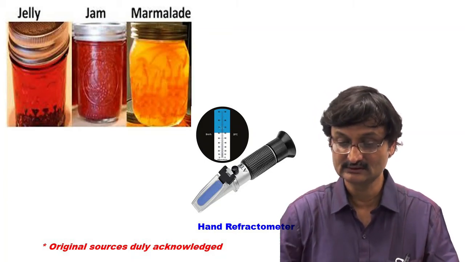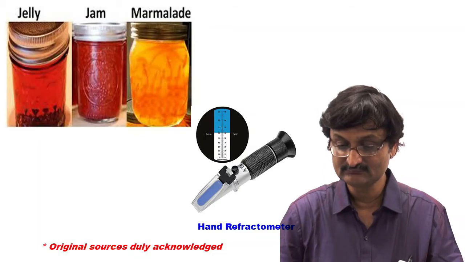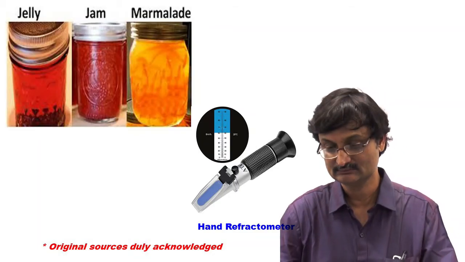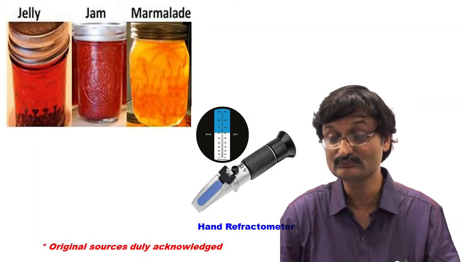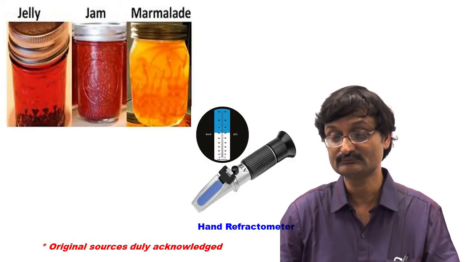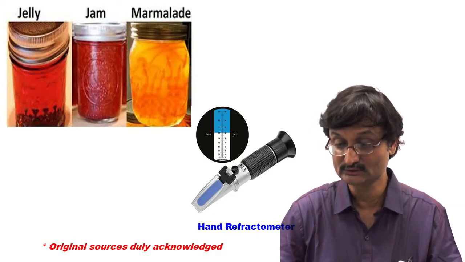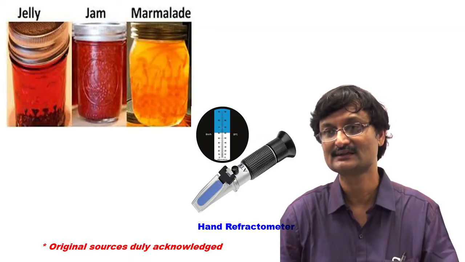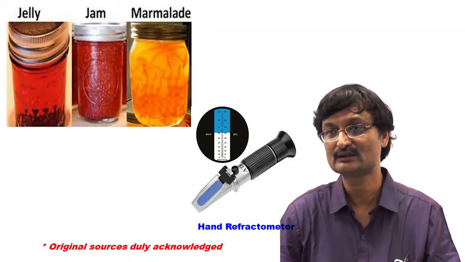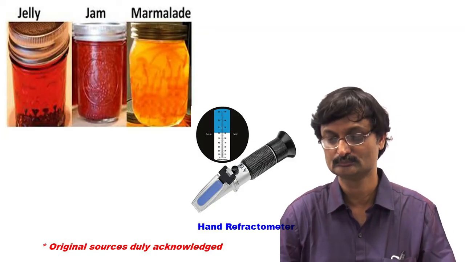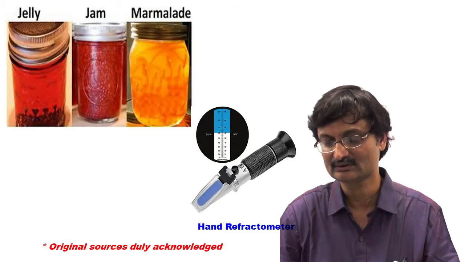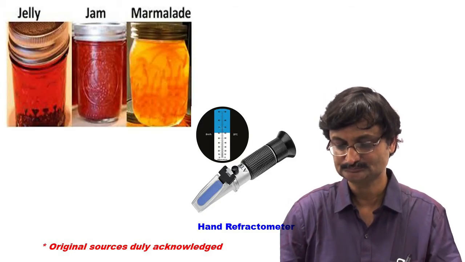Now this device is a hand refractometer, very useful for estimation of total soluble solids, TSS. TSS is the measurement of sweetness of any fruit, vegetable or any commodity.